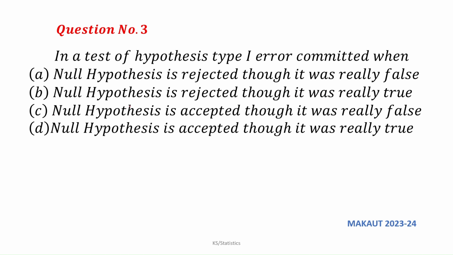Option C null hypothesis is accepted though it was really false. Option D null hypothesis is accepted though it was really true. Now you have learned the definition of type 1 error, so option B is the correct answer. Null hypothesis is rejected though it was really true.